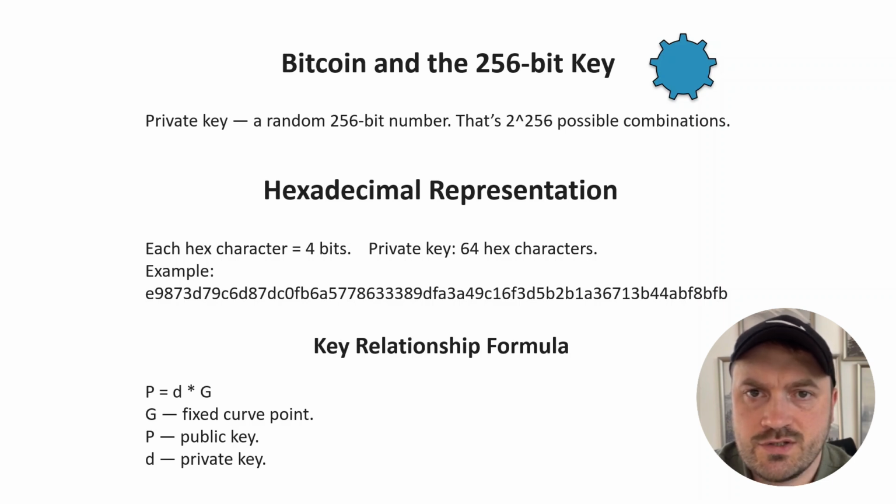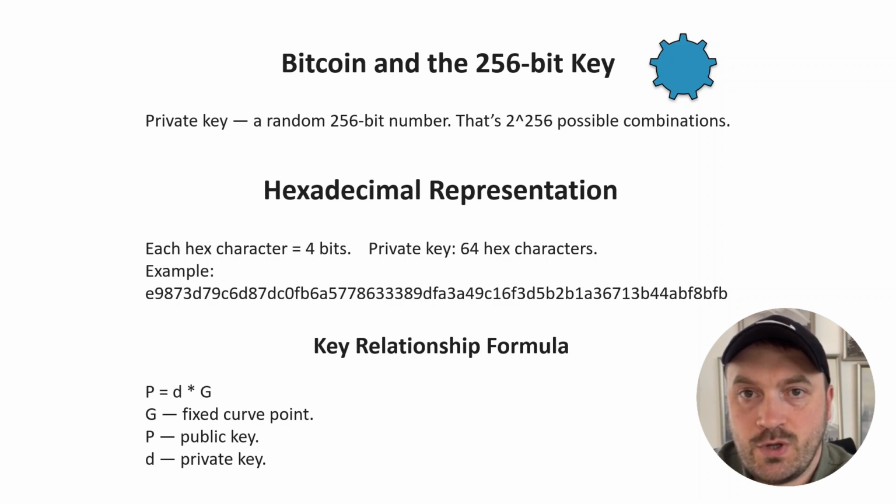Multiplication here is not ordinary multiplication, it's an elliptic multiplication, which essentially means repeatedly adding the point G to itself D times.